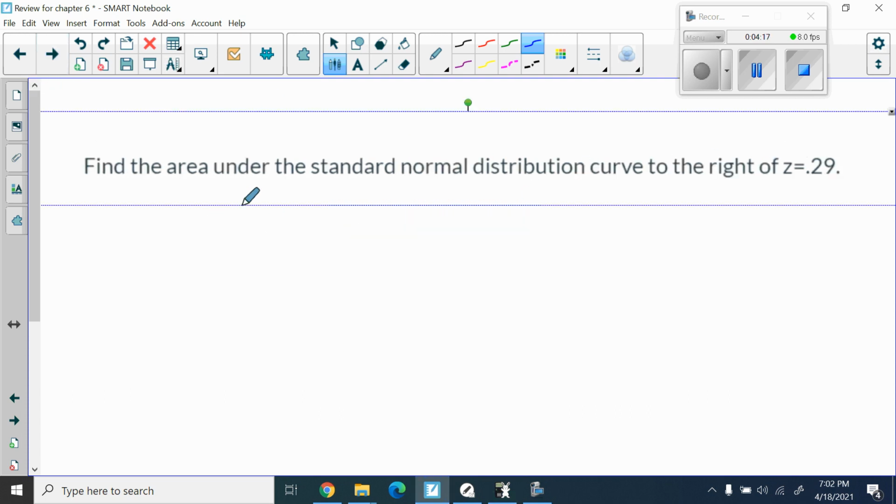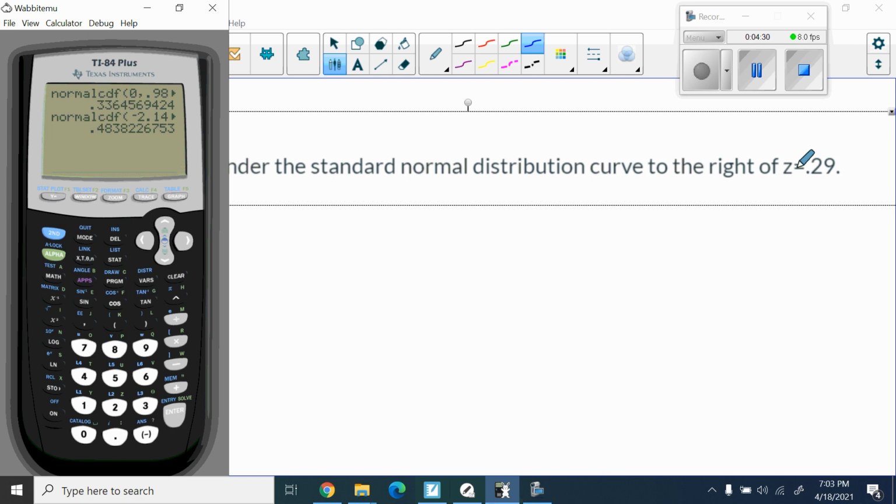So we want to find the area to the right of z equals 0.29. So remember, it's greater than 0.29. So again, bring up our calculator, second VARS, normal CDF. If we're going to the right, it's all the values greater than that.